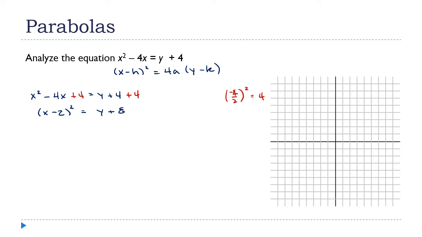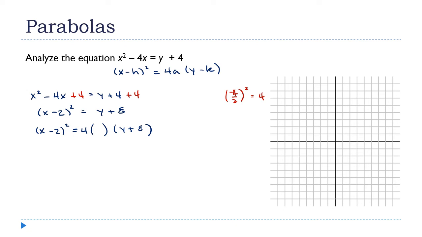I've got to get some number out in front, right? This is going to be x minus 2 squared, and I need this to be 4 times something times y plus 8. Okay, there was nothing to factor out of the y, right?